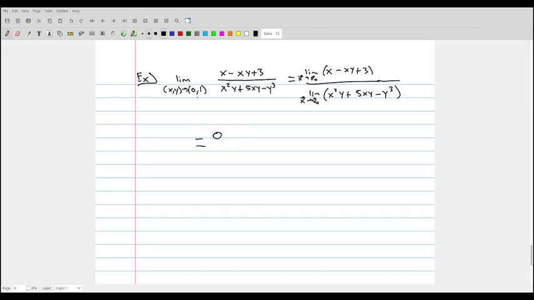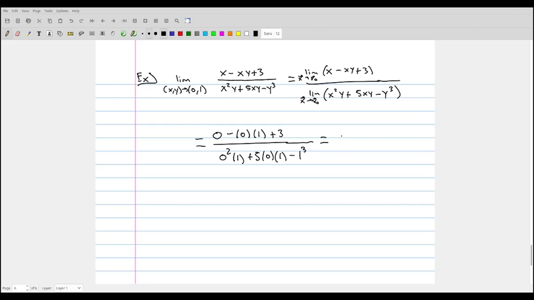The limit as (x, y) goes to (0, 1) of x is 0, minus 0 times 1, plus 3, divided by 0 squared times 1, you have x squared times y, plus 5 times 0 times 1 minus y cubed, which is just 1 cubed.